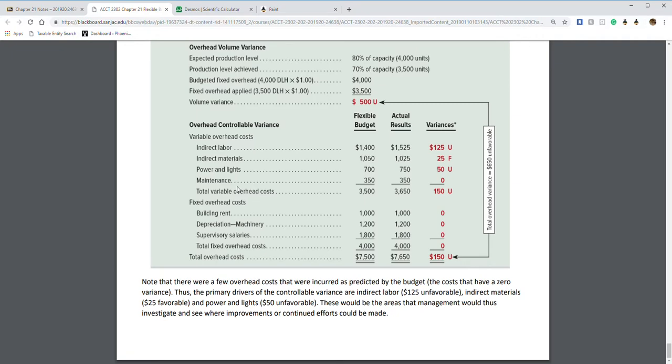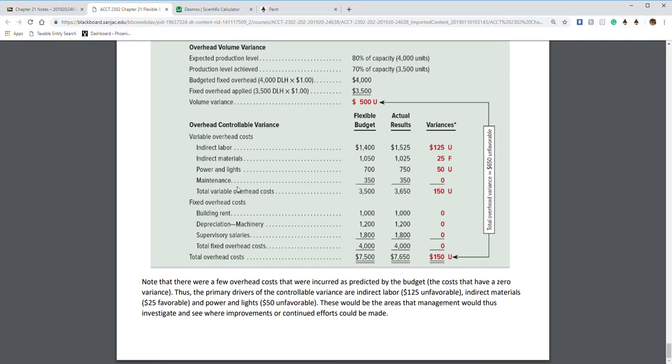The primary variance in itself was indirect labor. Indirect materials had a 25 favorable. It actually came out a little bit less, so that was good. We didn't use as many indirect materials. Power and lights were $50 unfavorable.